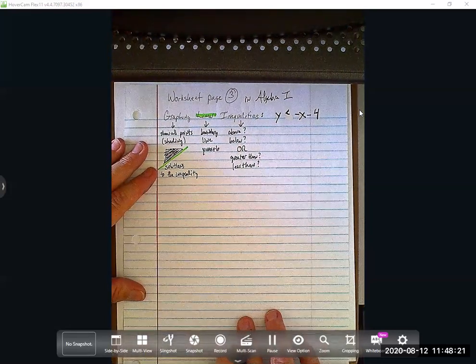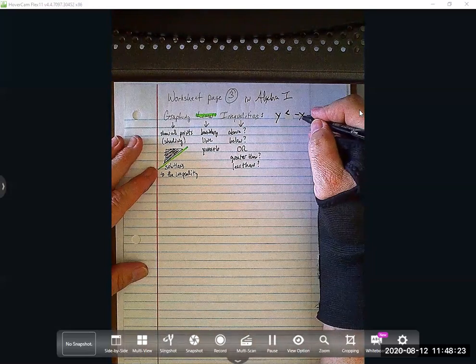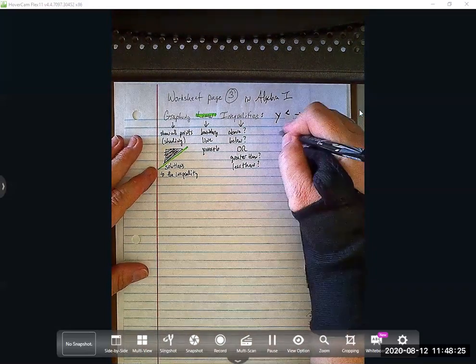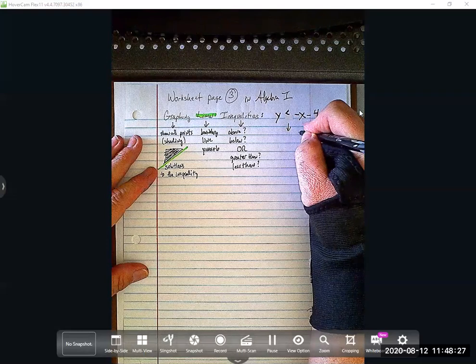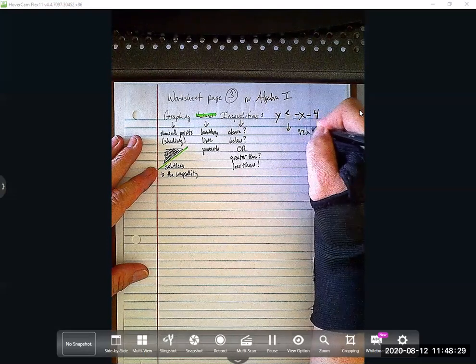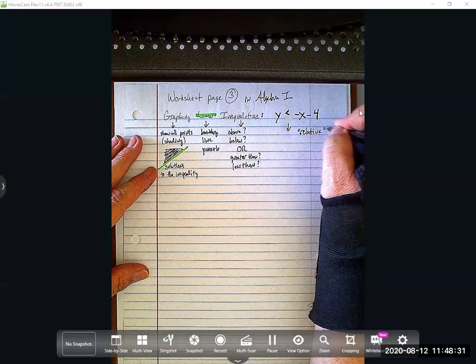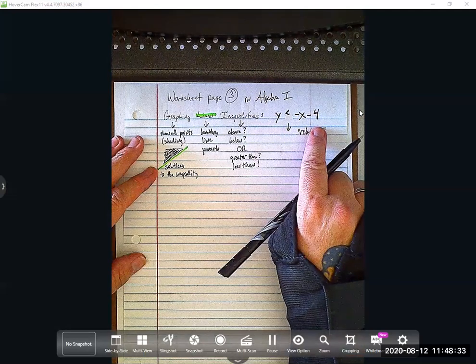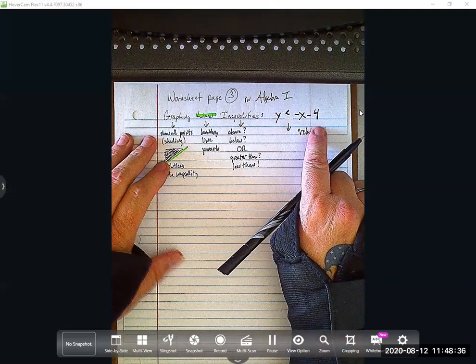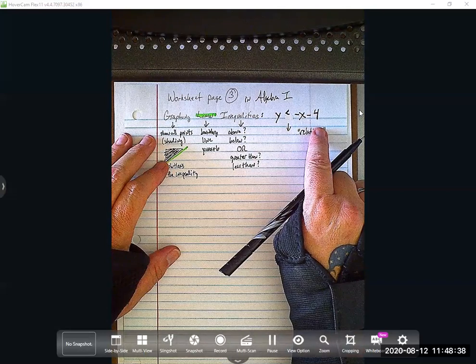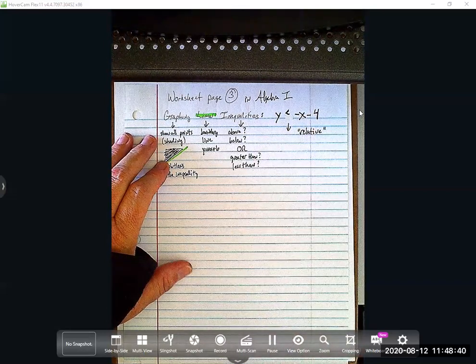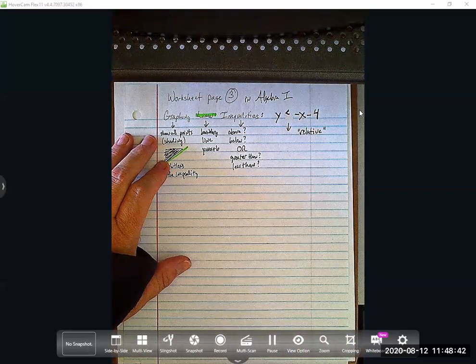The first thing you're going to do is, well, we need a graph, right? So for this graph, I noticed that I look at this as a relative equation. A relative equation is an equation created using something else, an inequality or some other statement that represents a similar situation, and we make it because it's easier to use.